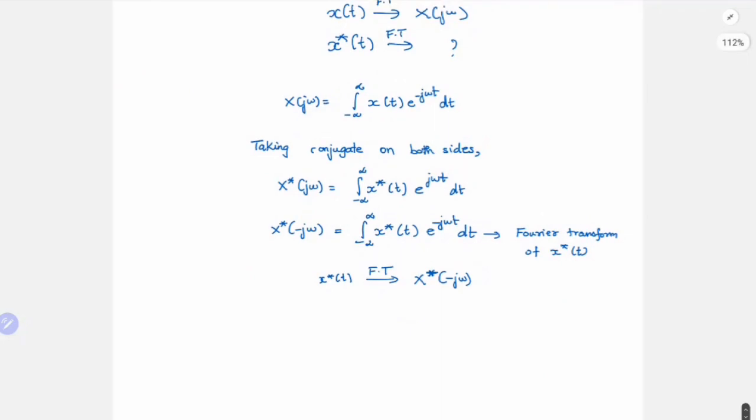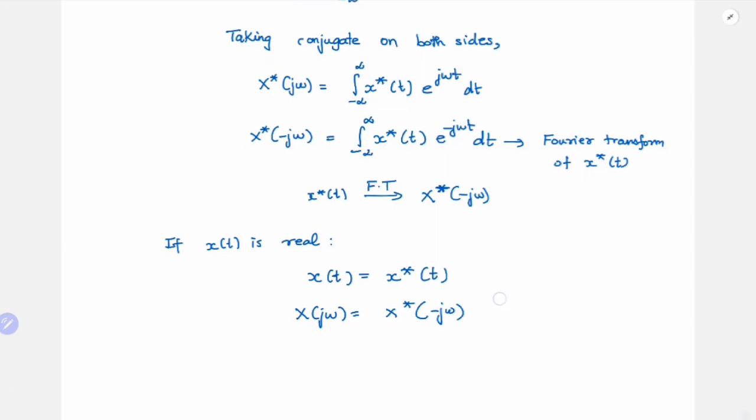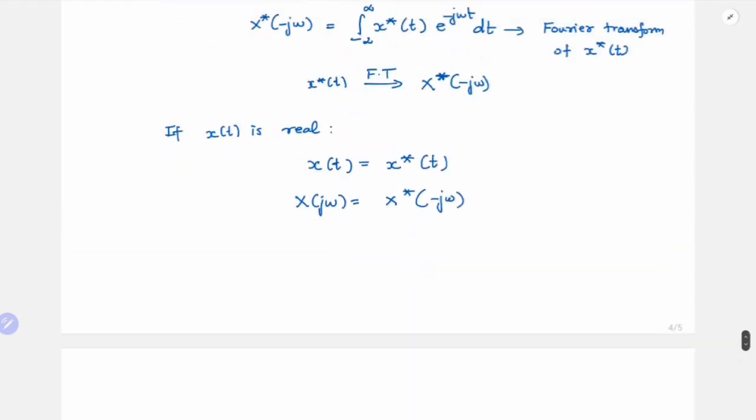So now let us see some properties. What happens if x of t is real? We have x of t equal to x star of t, so x of j omega is equal to x star of minus j omega, right? Let's say x of t is also even, real and even.